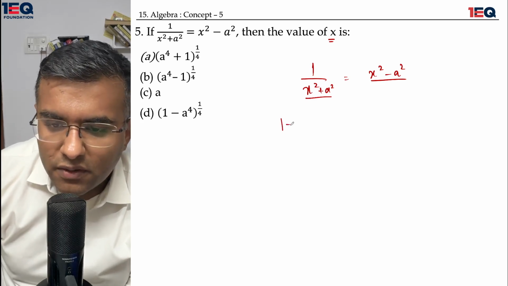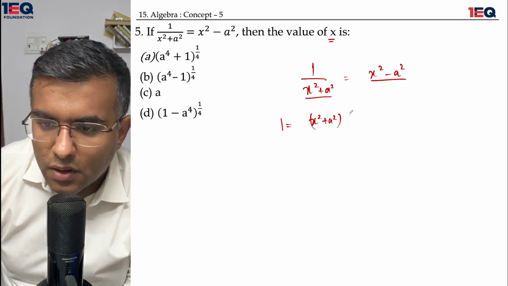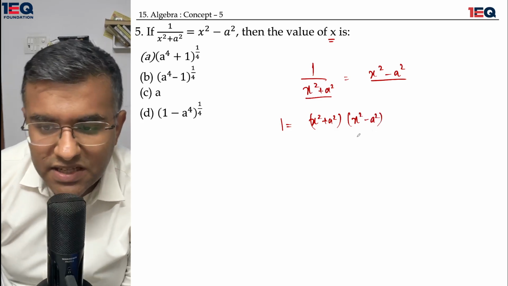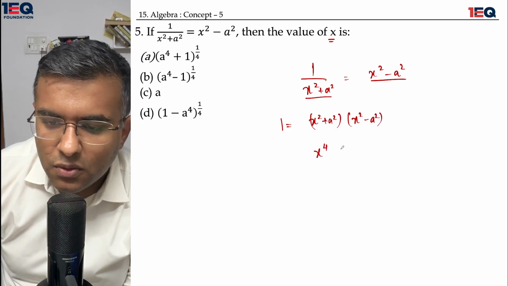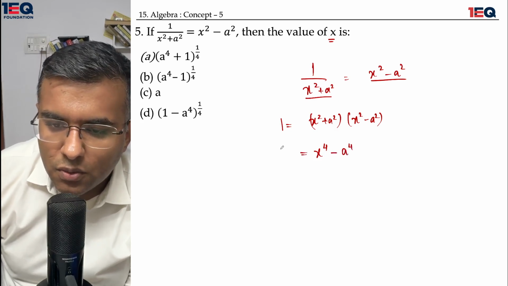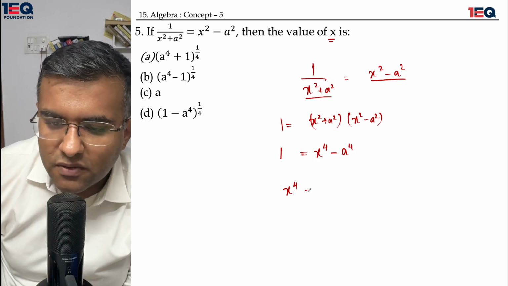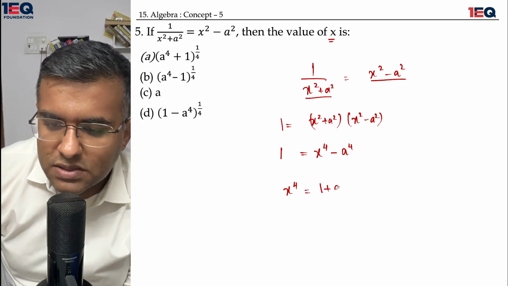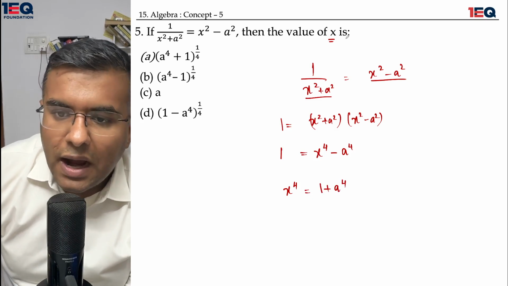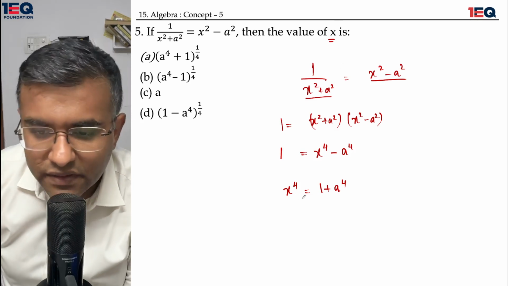So the value of 1 is equal to x square plus a square times x square minus a square, that is a plus b times a minus b. This would lead me to x to the power 4 minus a to the power 4 being equal to 1. I can rewrite it as x raised to the power 4 is equal to 1 plus a raised to the power 4. Had it been asking me to find out the value of x raised to the power 4, I could have given this answer.